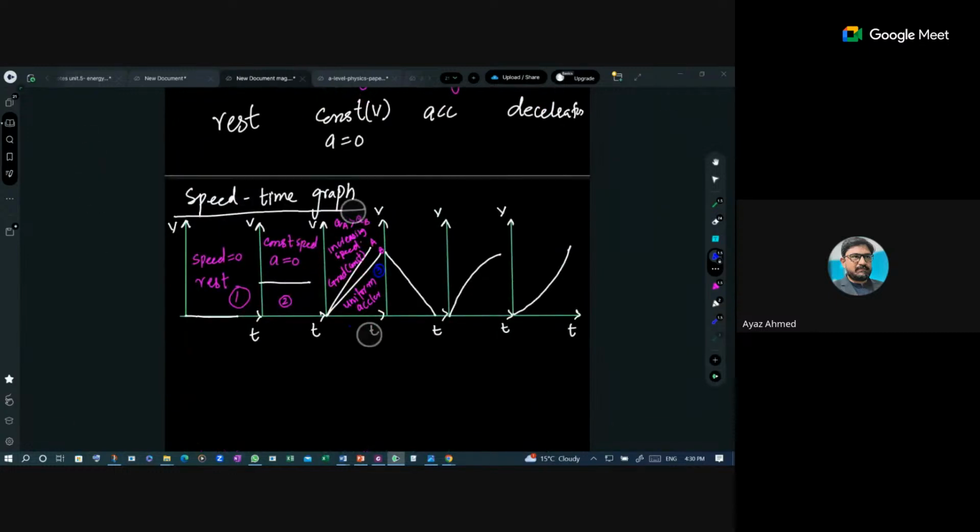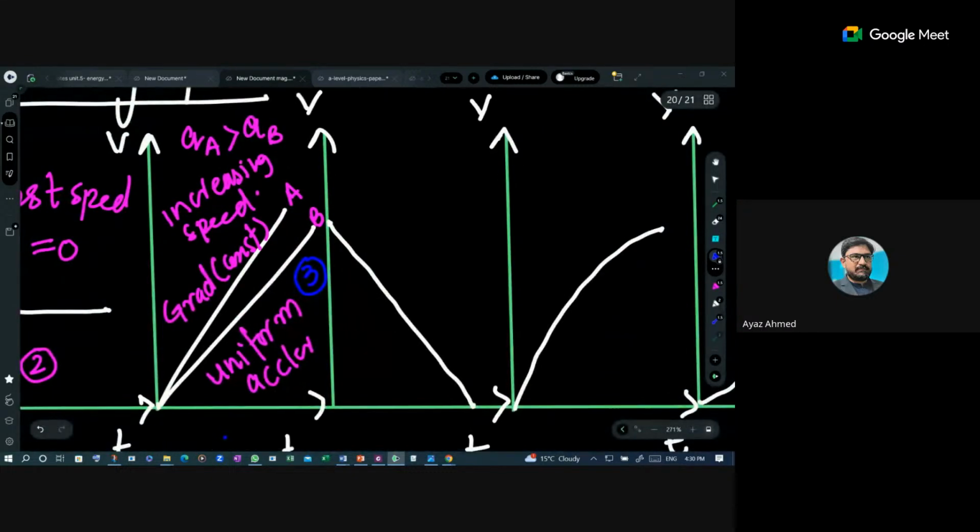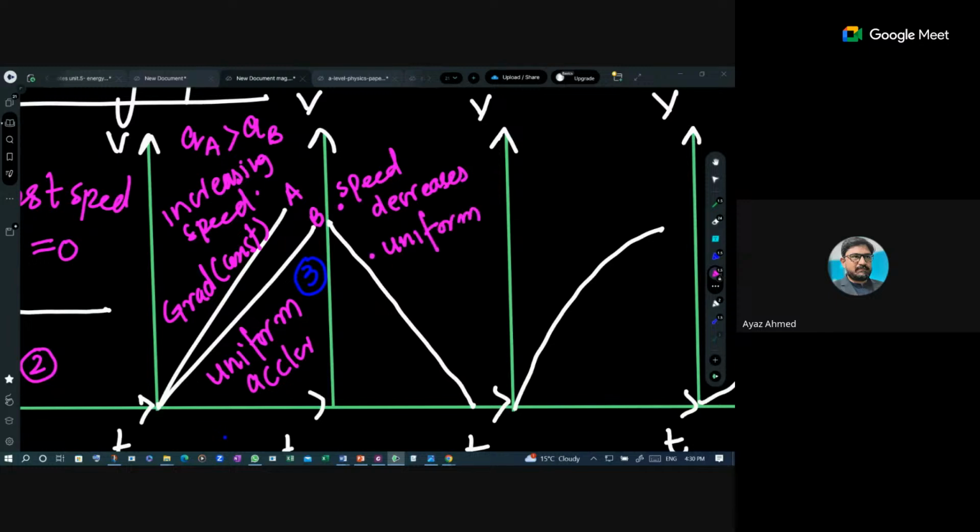Then I told you that this graph shows that velocity decreases, isn't it? Our speed decreases in this graph. So when speed decreases, uniform deceleration is there. Uniform deceleration, right?